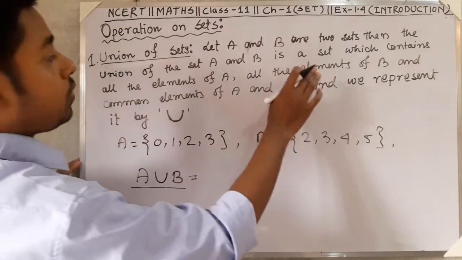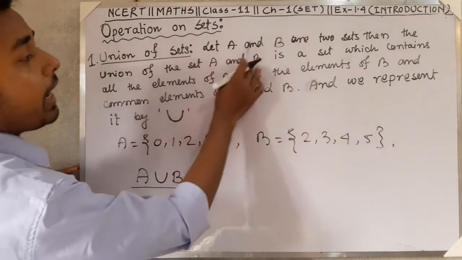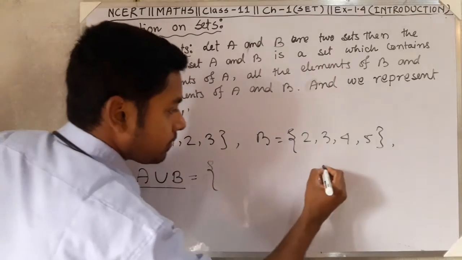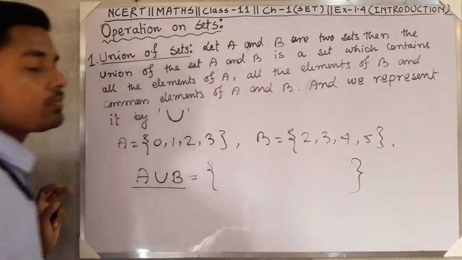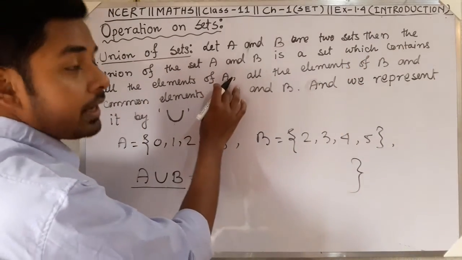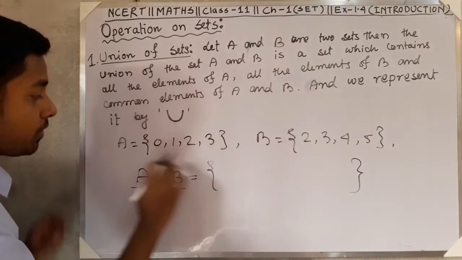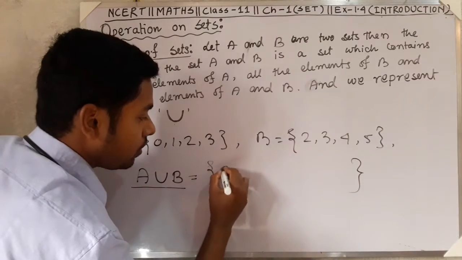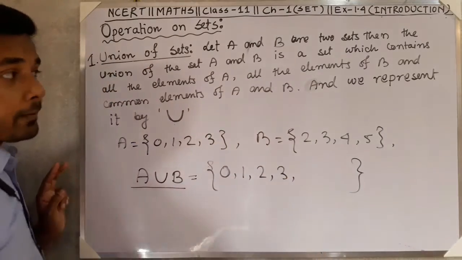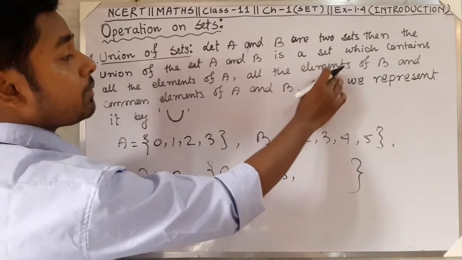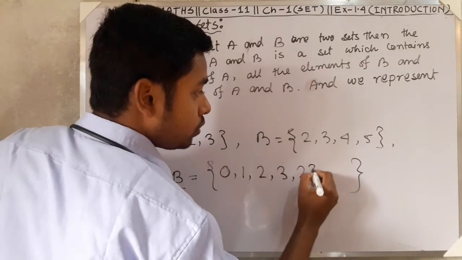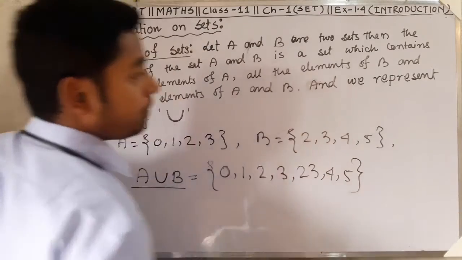I have told you that the union of the sets A and B is a set. So first of all, set notation, which contains all the elements of A: 0, 1, 2, 3. Then all the elements of B: 2, 3, 4, 5.